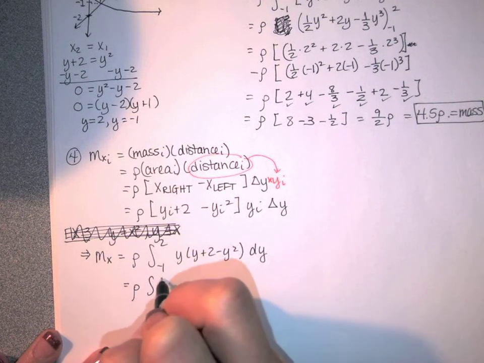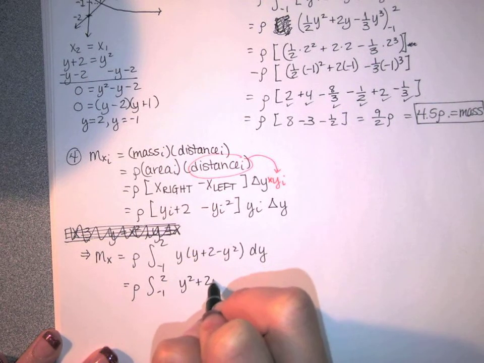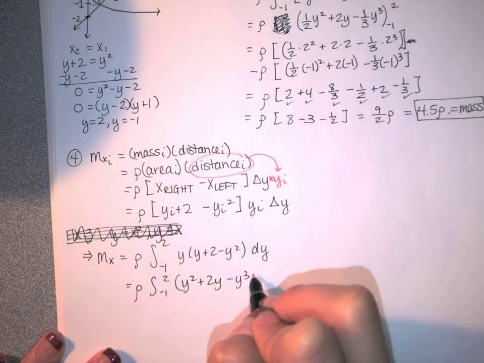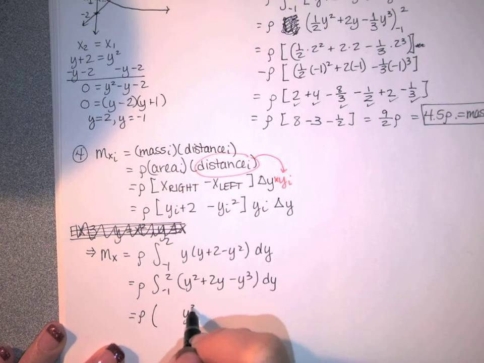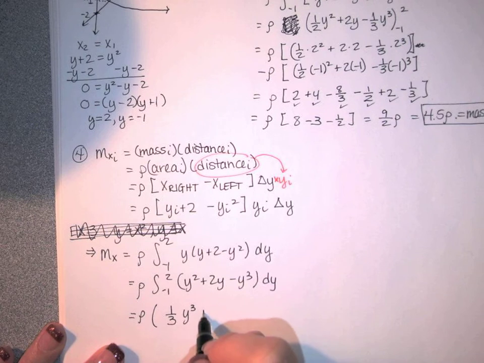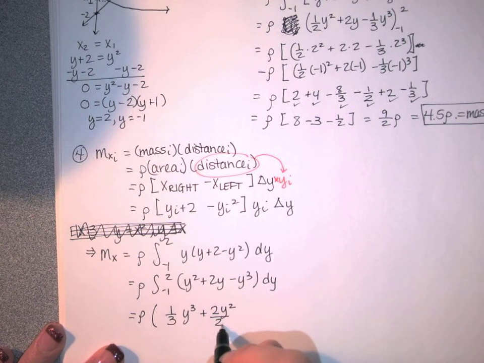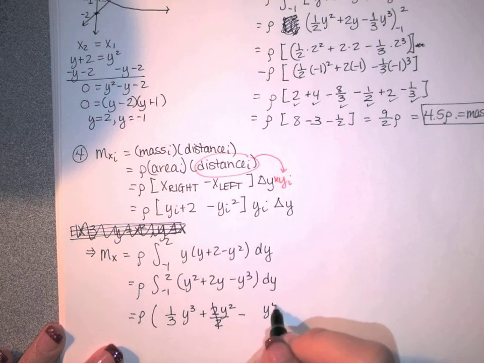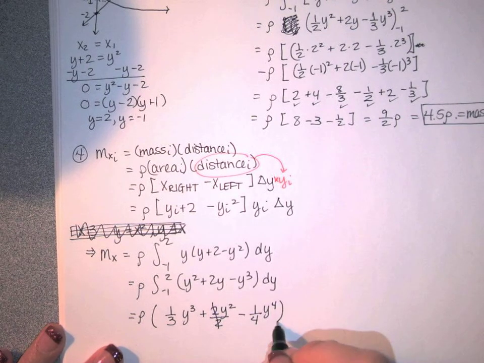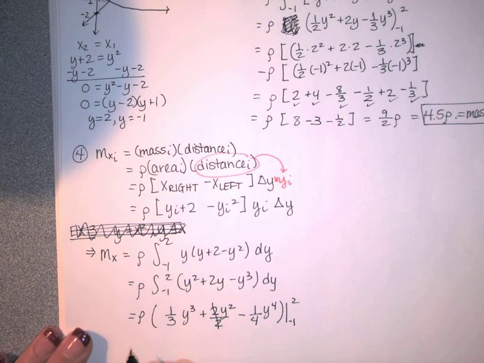First I distribute the y, and then I anti-differentiate. Add 1 to the exponent, divide by the new exponent. Bring the constant down. Add 1 to the exponent, divide by the new exponent. Those twos reduce. Bring the constant down. Add 1 to the exponent, divide by the new exponent, plug in -1 and 2 and subtract.